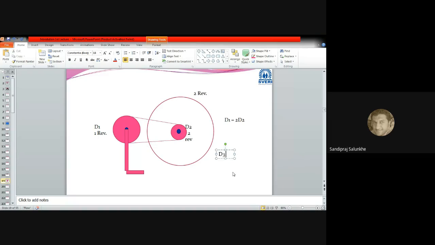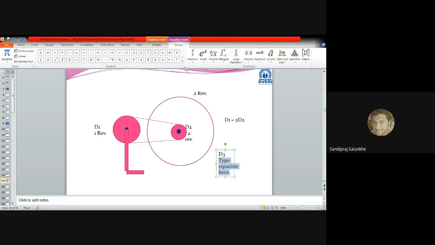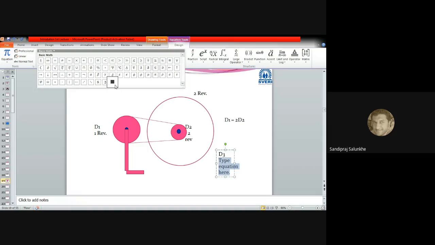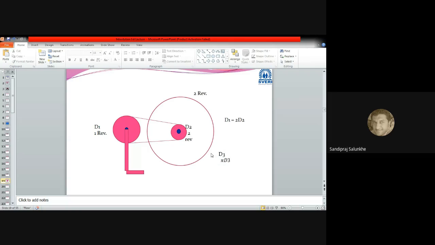This also will move a distance equal to pi D3, where pi remains the same, but D1, D2, D3 make much more difference, right?